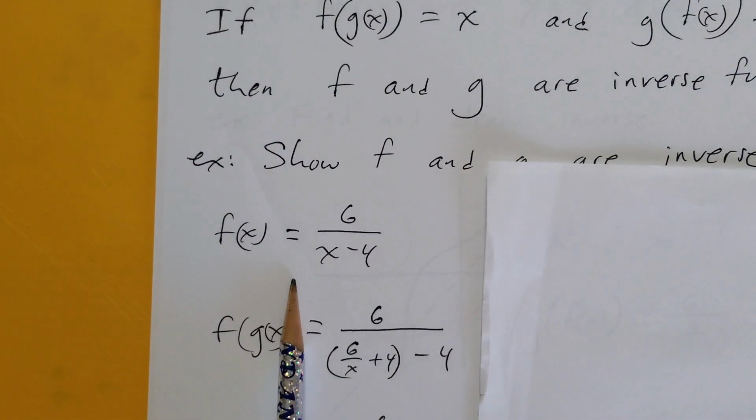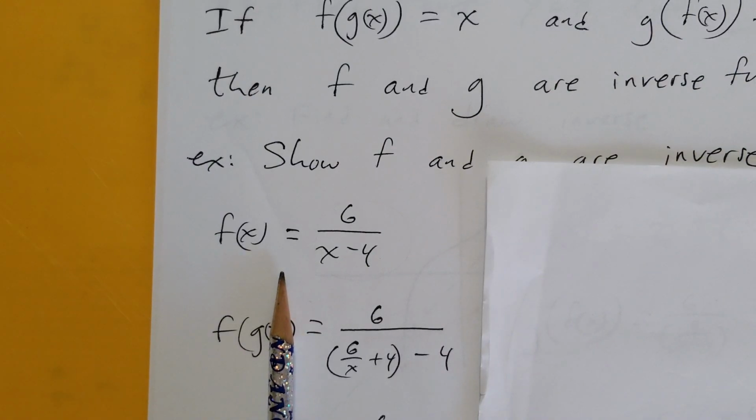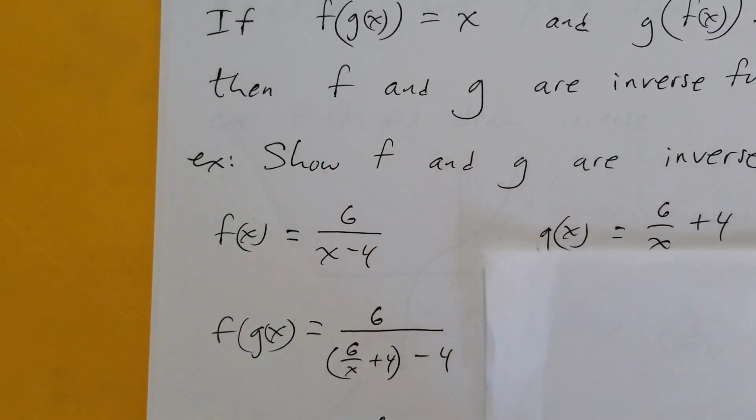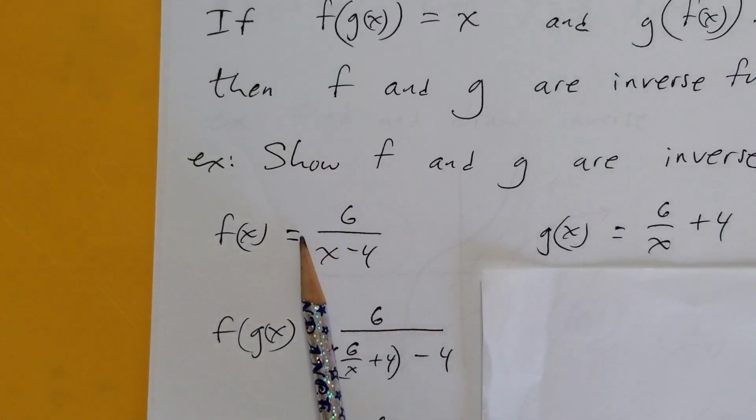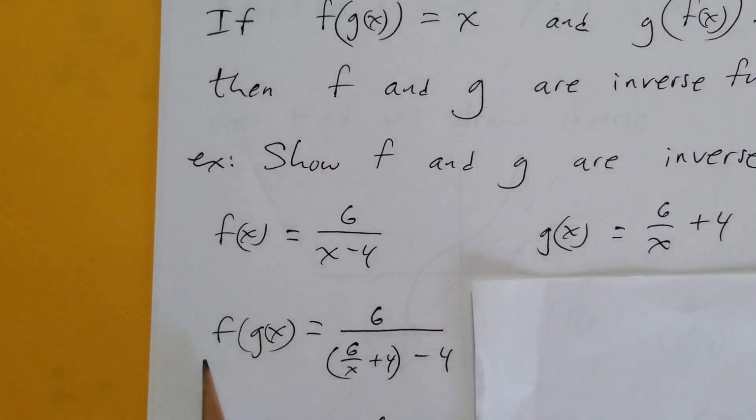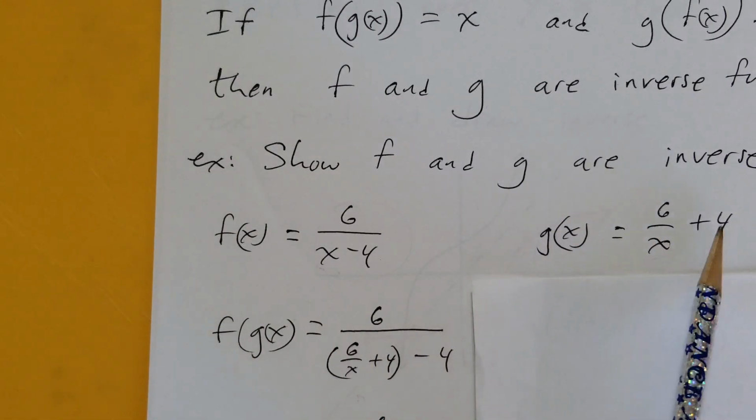Here's f of x, here's g of x. Now I want to do f of g of x. That means I take g of x and put it into the f function. I'm going to take all of this and put it right there. 6 over x plus 4 goes in there.